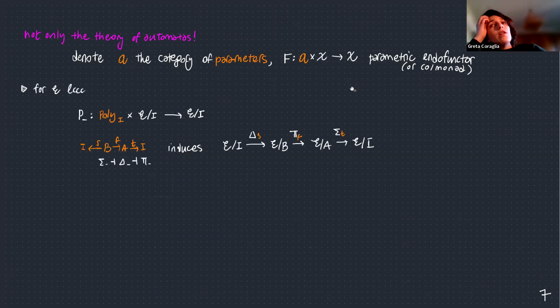One of the first that might come to mind is polynomials. If we fix a locally Cartesian closed category, we can define a certain category of polynomials such that it is a good category of parameters for an endofunctor from the slice over the variables into the slice over the variables that the polynomial acts on.